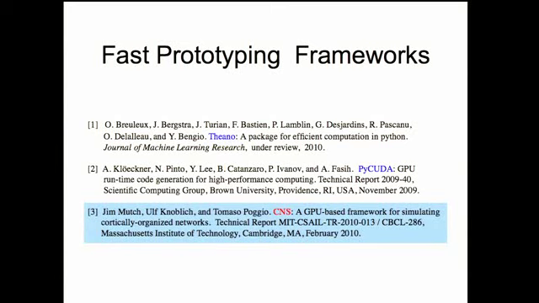I'm going to focus on a framework that was developed by Jim Mutch and his colleagues at MIT. It's a framework specifically designed for the kinds of models that I've been describing. These get their inspiration from the cortex, and since they're referred to as cortically organized networks, CNS corresponds to cortically organized network simulator.